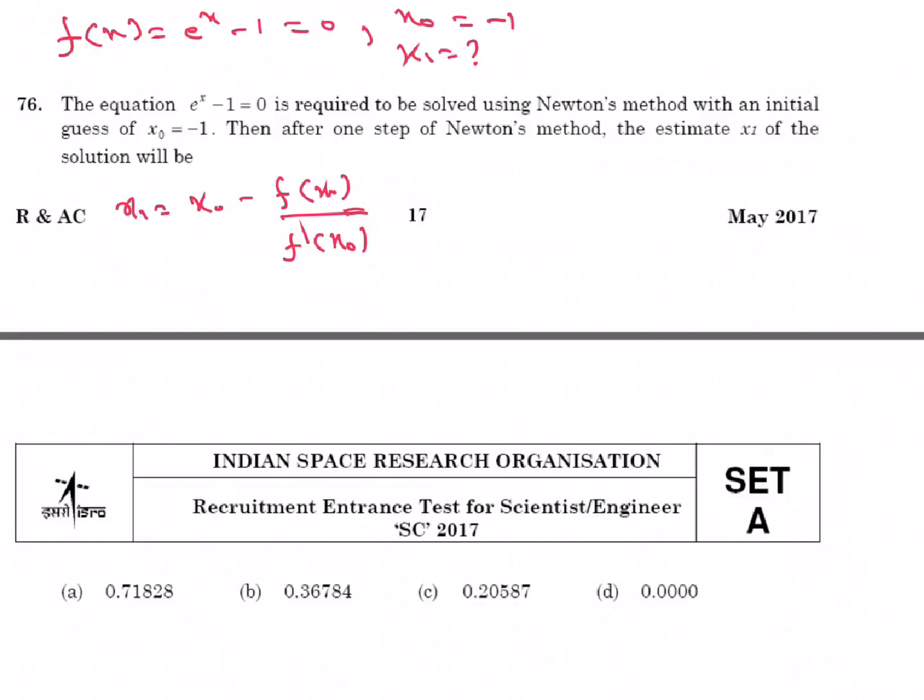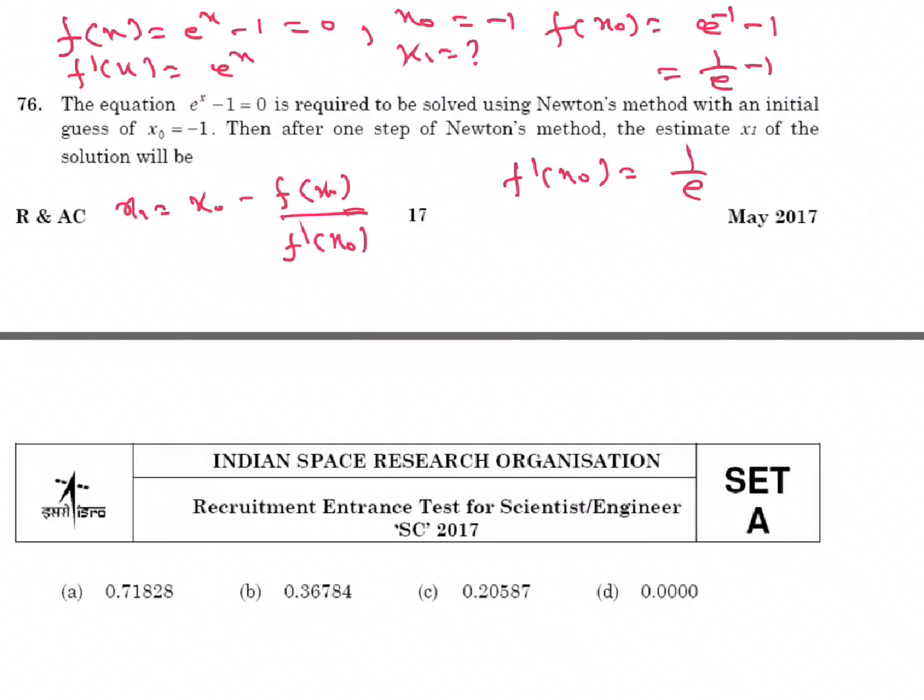So here f dash x equal to e to the power x. Then for f of x0, x0 is minus 1, so e to the power minus 1, or 1 by e minus 1. Then f dash x0 is 1 by e.